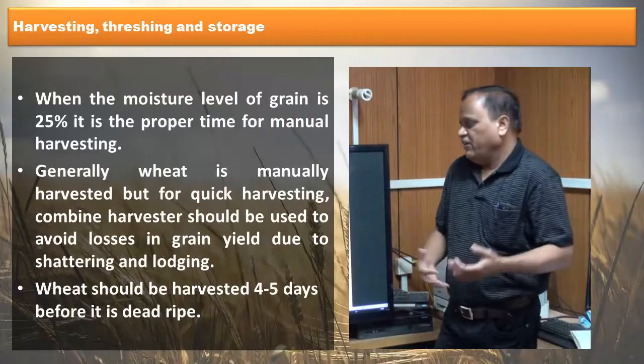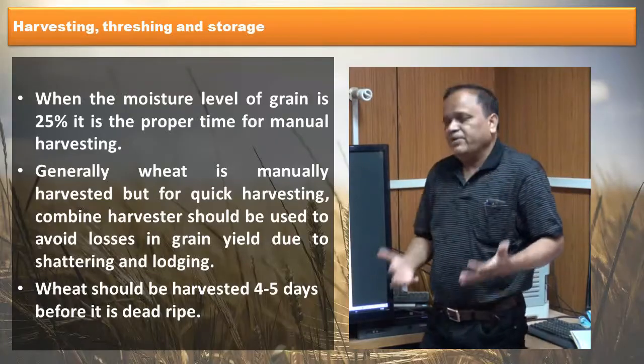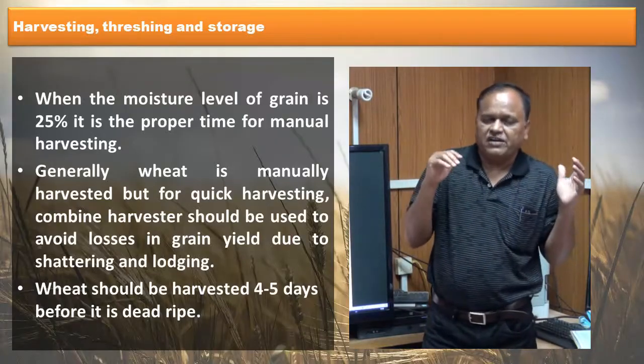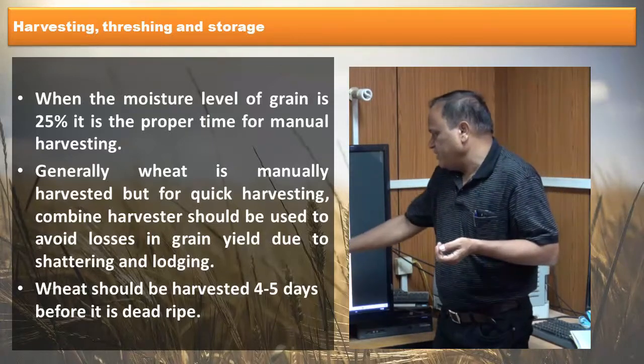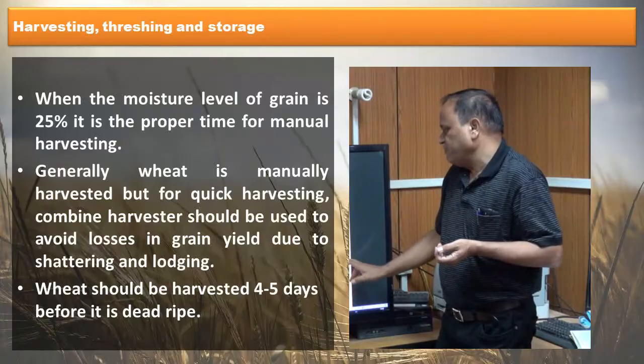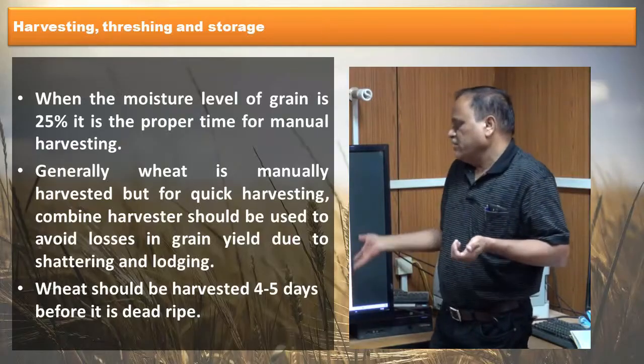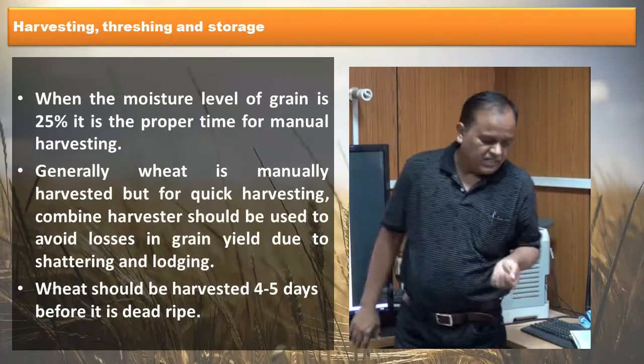But in Jharkhand, we usually harvest the wheat crop manually. Wheat should be harvested 4 to 5 days before it is dead dry to avoid shattering loss.